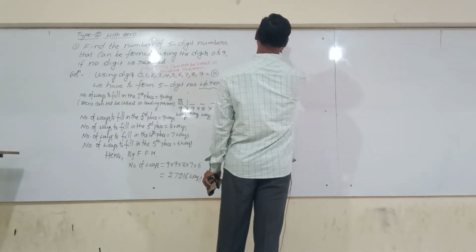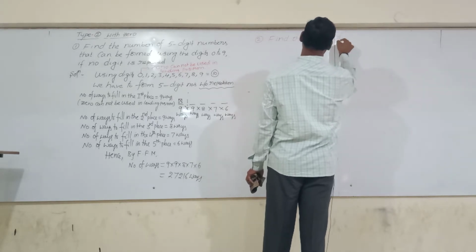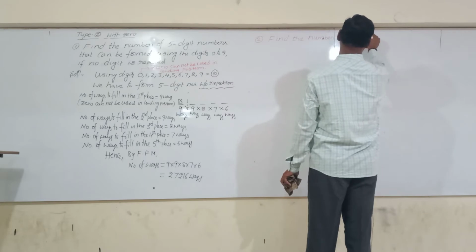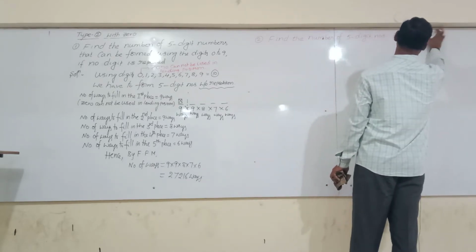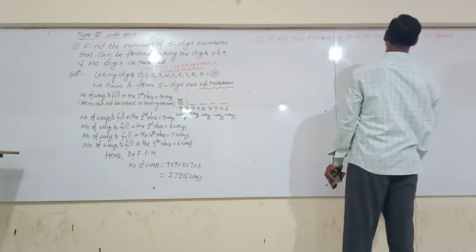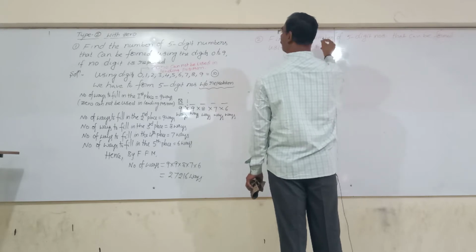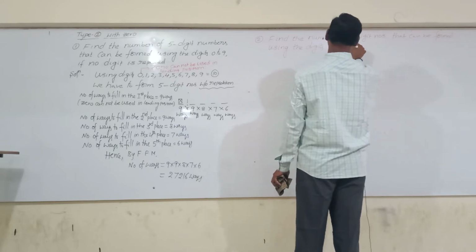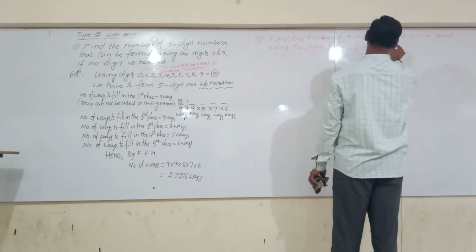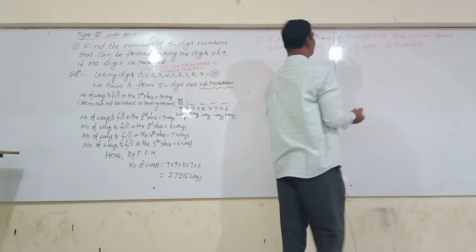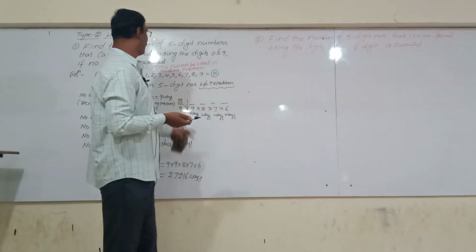Next problem. Find the number of 5-digit numbers that can be formed using the digits 0 to 9 if digits can be repeated.